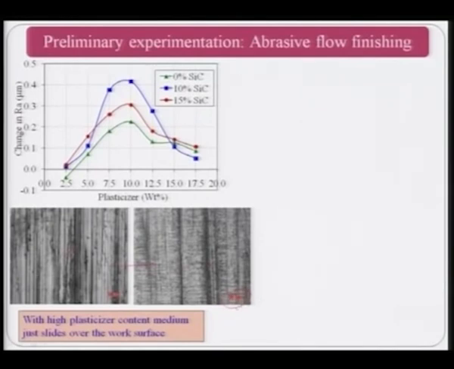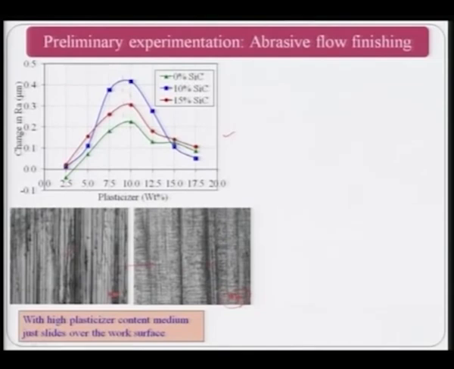This same thing has been shown on the top picture, that is the relationship between plasticizer weight percent content and change in Ra value, that is initial Ra value minus final Ra value, which gives you the change in Ra value. You can see that up to a certain percentage of plasticizer, around 10%, the change in Ra value is increasing, and beyond that it starts decreasing.